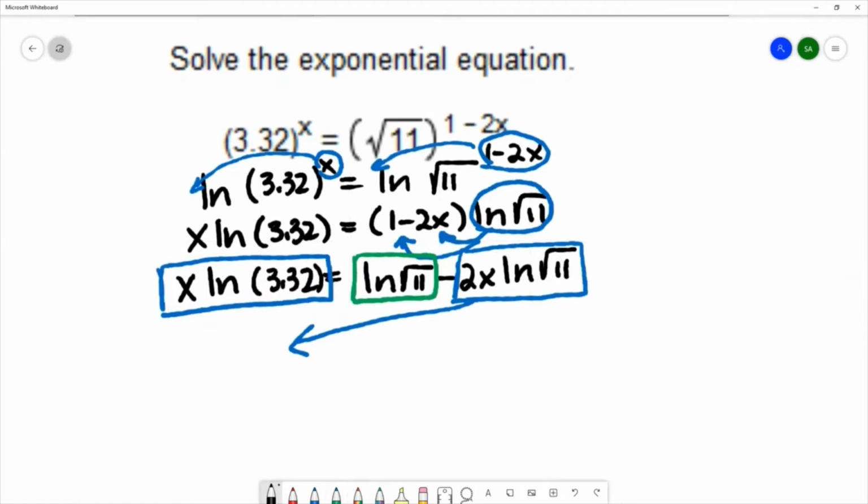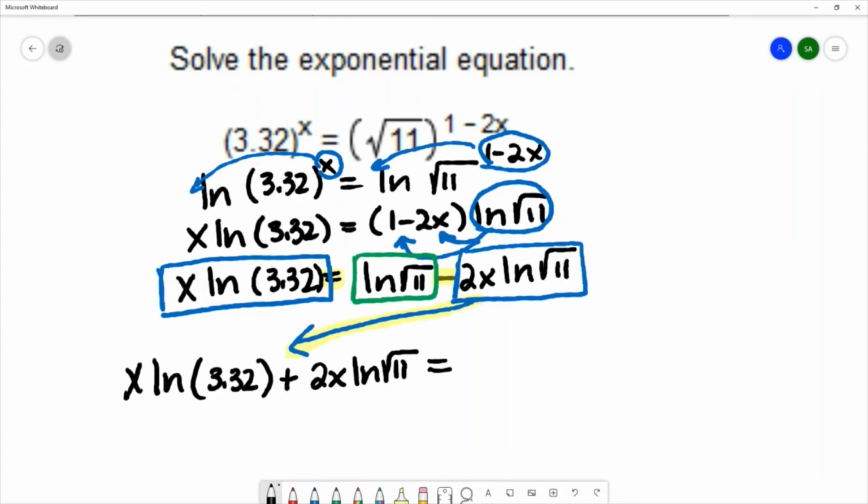So as I rearrange these terms, I would get x natural log of 3.32, and I'm going to add, since this term started off negative, when you move it to the other side of the equal sign, it becomes positive, 2x natural log square root of 11. And the natural log square root of 11 is going to stay put on the right.